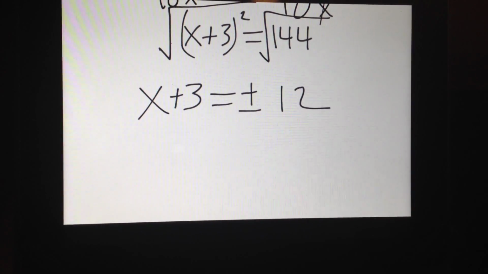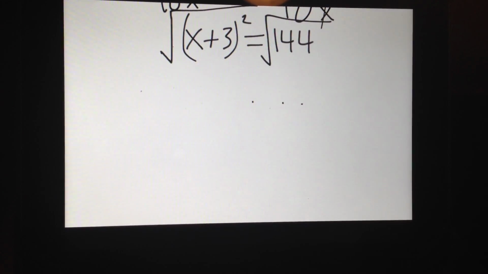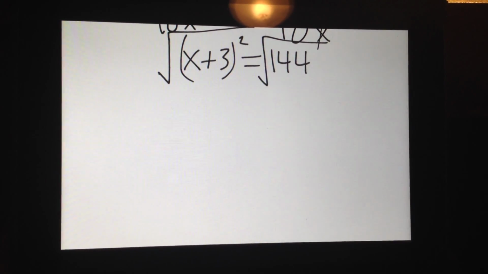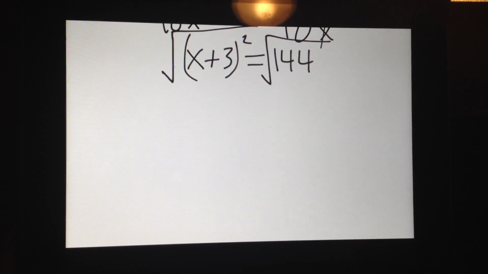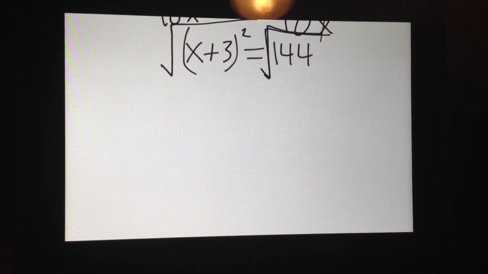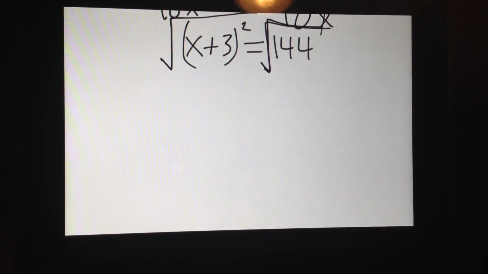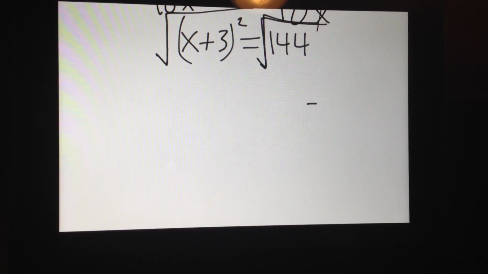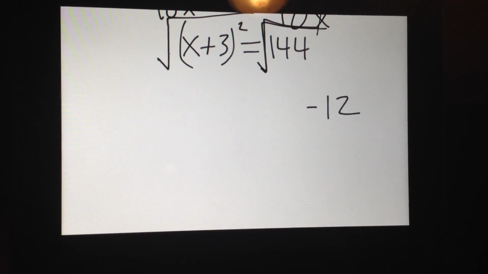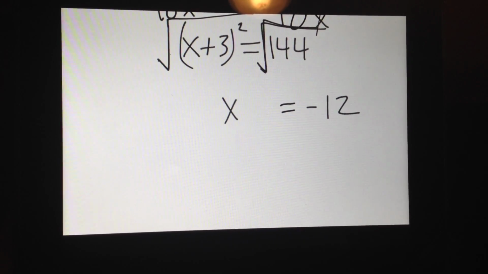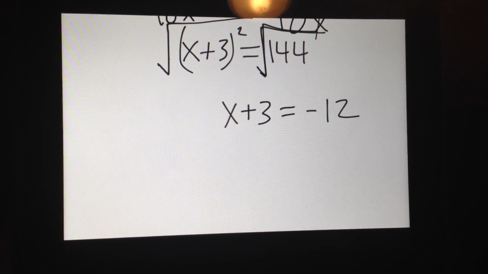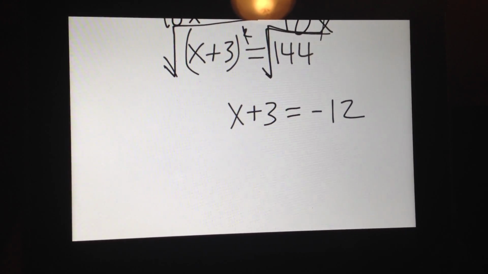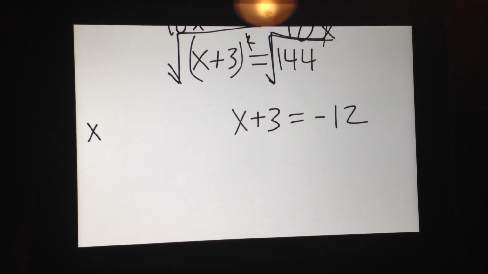So now you have to set up two different equations right next to each other, because you have to solve for x for both solutions you can get for the square root of 144. So it's plus or minus, positive or negative 12. So this one's going to be negative 12. These cancel out, so it's just left with x plus 3.